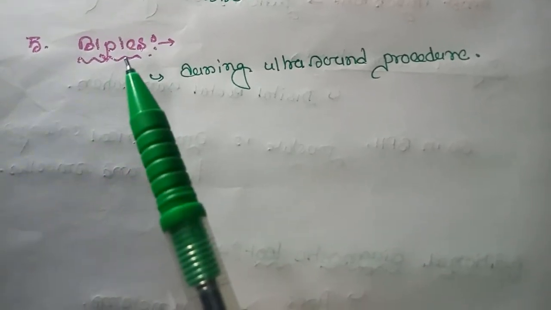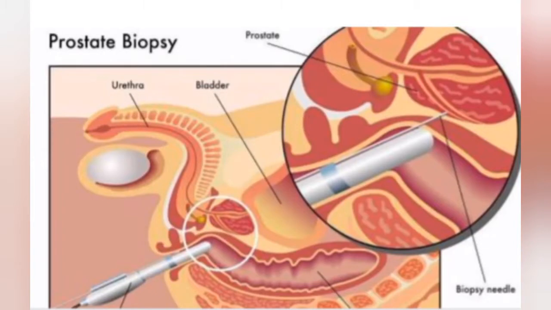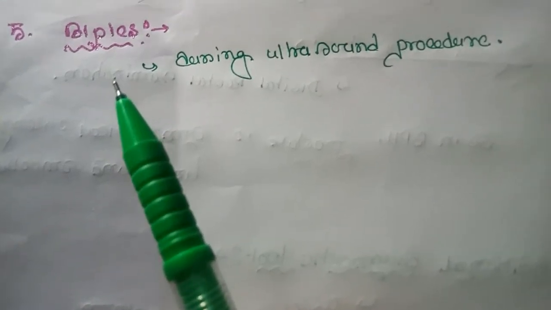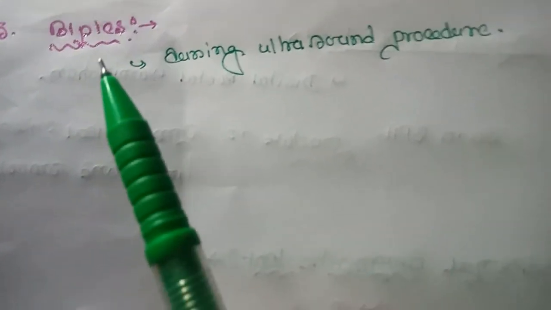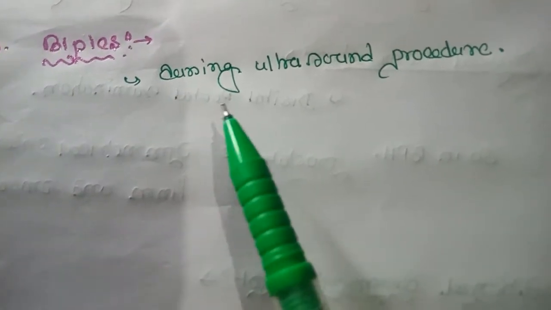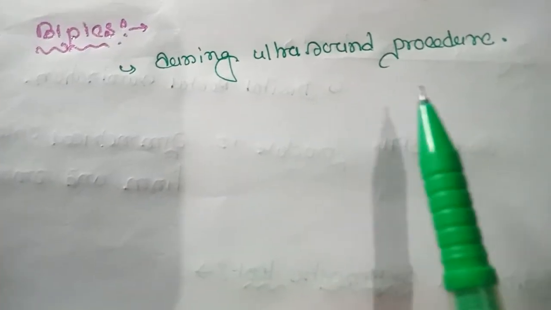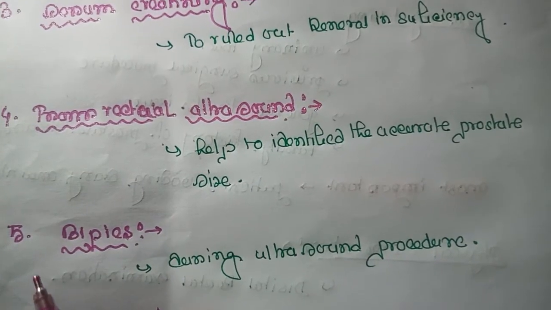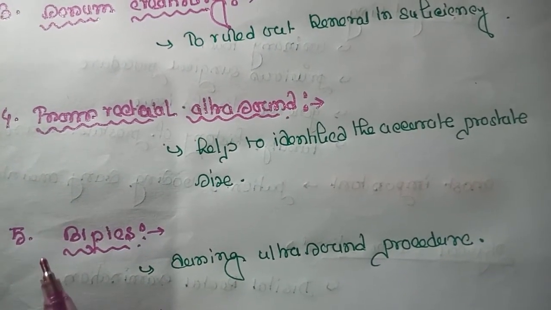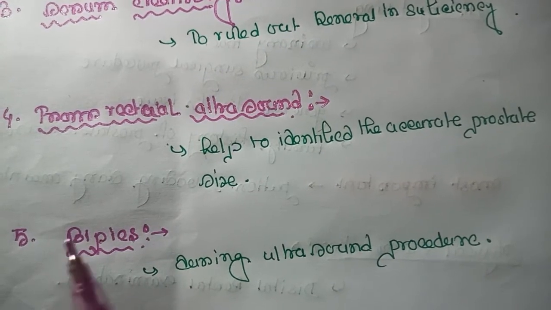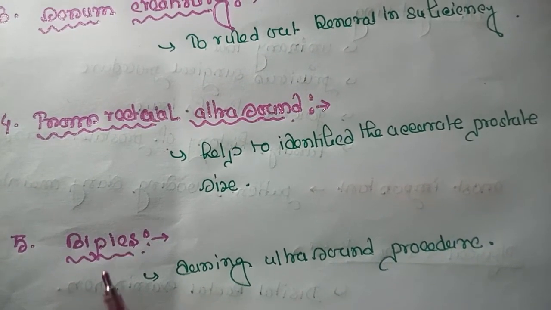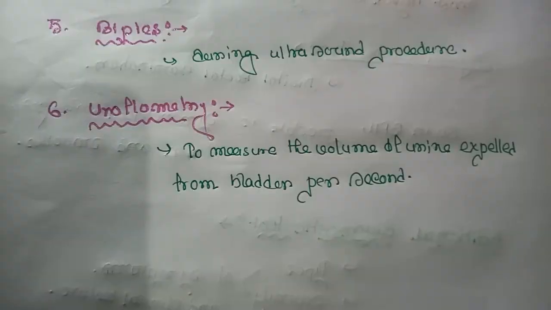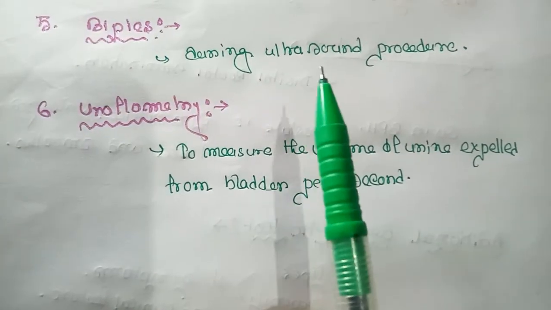Next, biopsy. Biopsy is also a very important test to identify BPH. It can be taken during the ultrasound procedure. I think everyone knows about biopsy. Okay, I think all is understood.